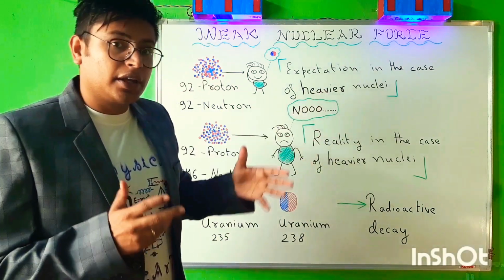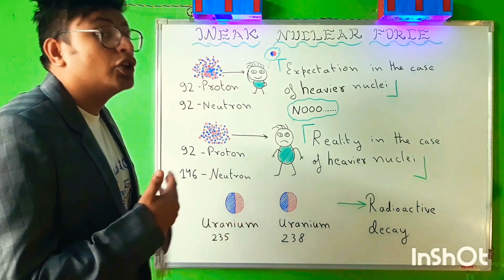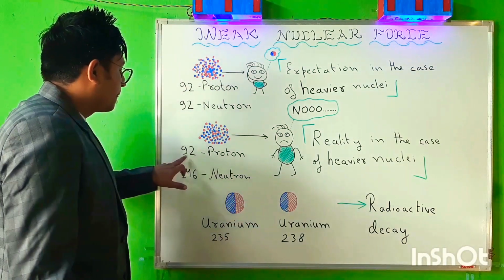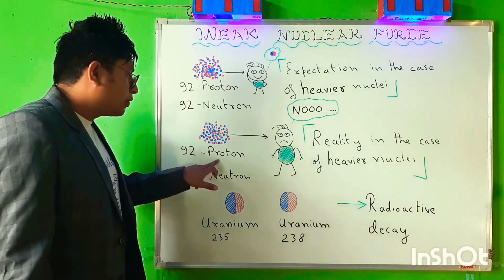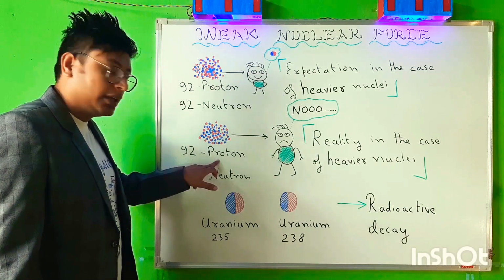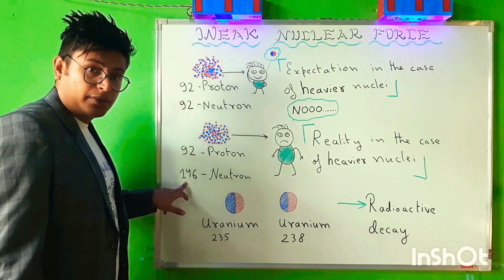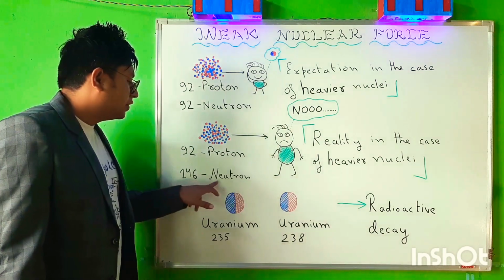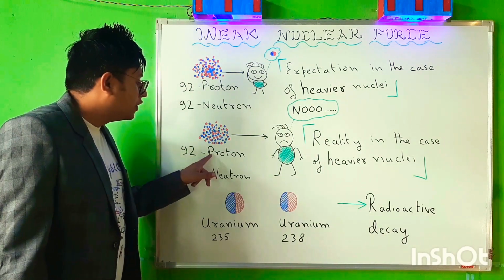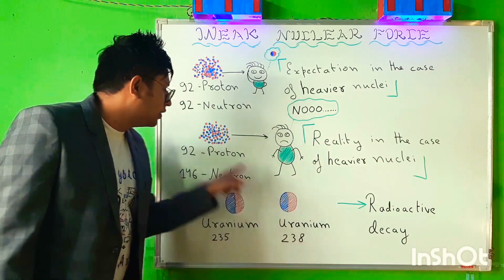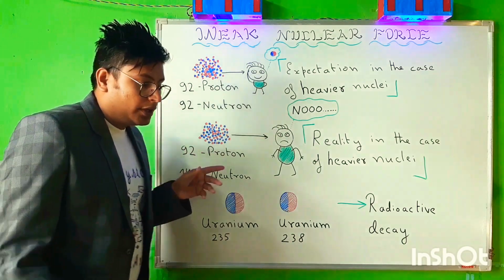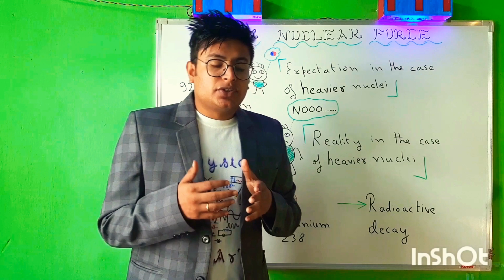But again, it's physics, things do change. My thinking was of 92 protons, so in heavier nuclei I should have 92 neutrons, but it is not. It is 146 neutrons, and this is the case of uranium 238.